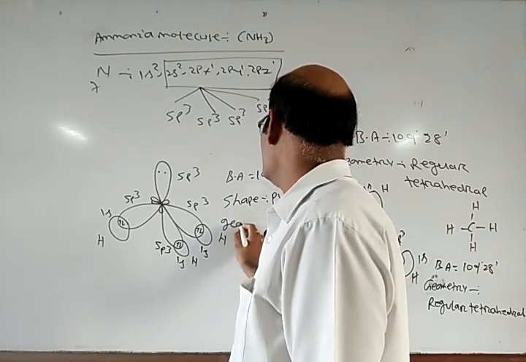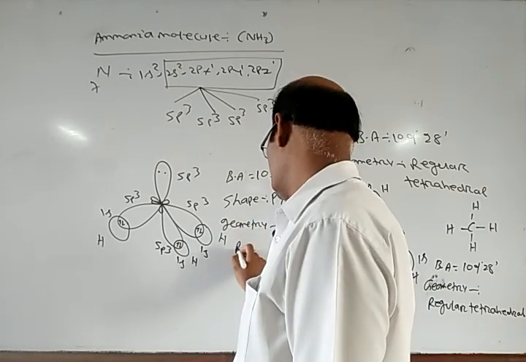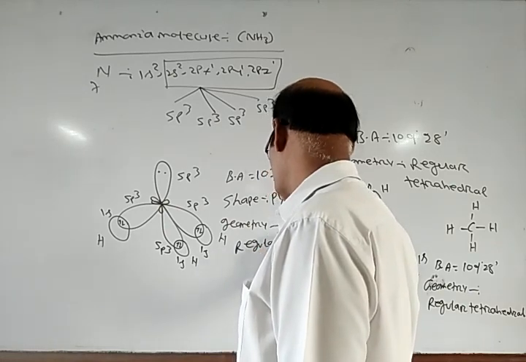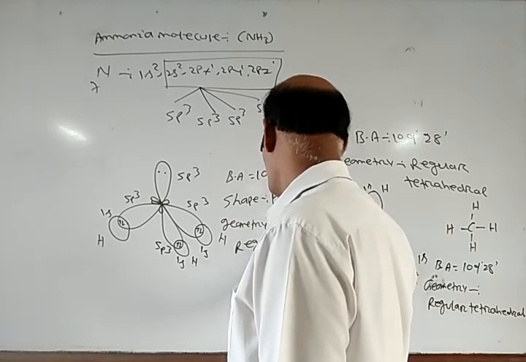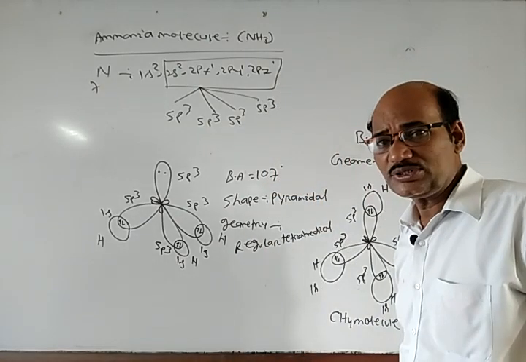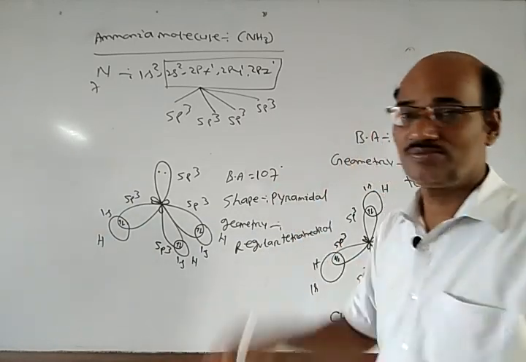The geometry remains the same, a regular tetrahedral arrangement, but the shape becomes pyramidal and the bond angle reduces to 107 degree.